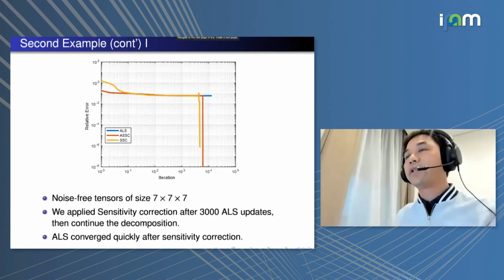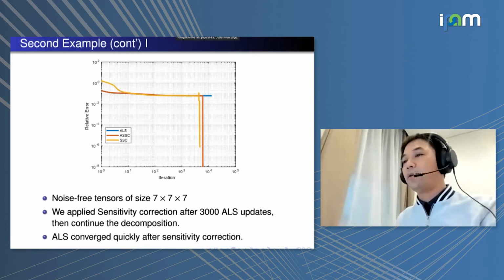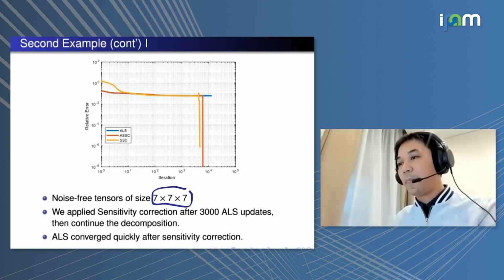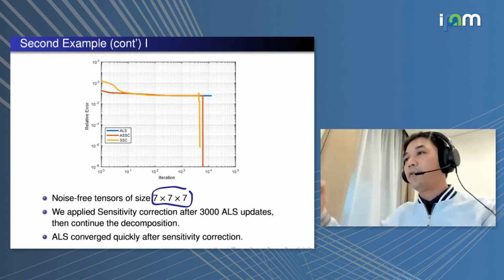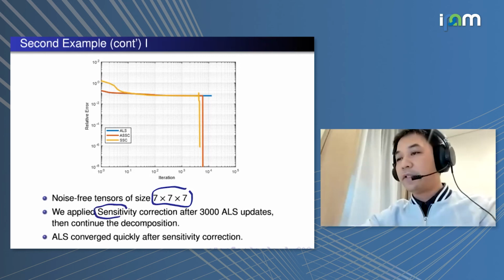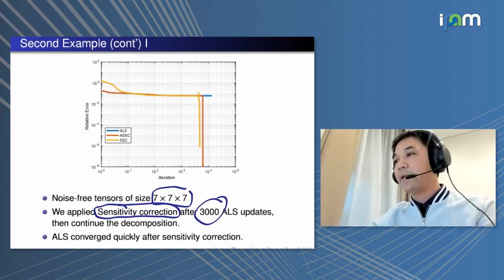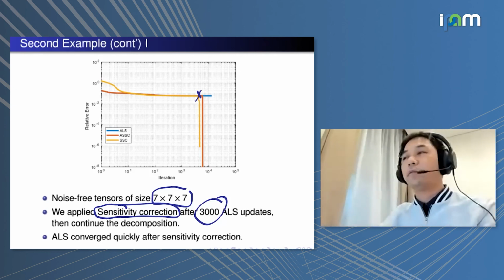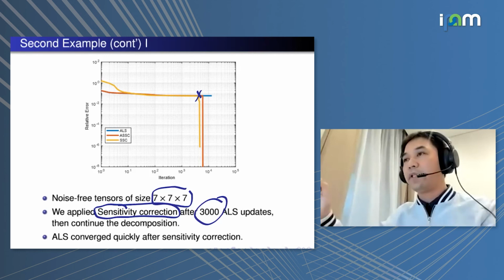So now we go back to the second example that I showed you before. The tensor now has a size of 7 by 7, relatively small, and we apply the sensitivity correction after 3,000 iterations. At this point we stop the ALS algorithm. We check the sensitivity. We see that the sensitivity is really high. We suppress the sensitivity, and we run the ALS again.